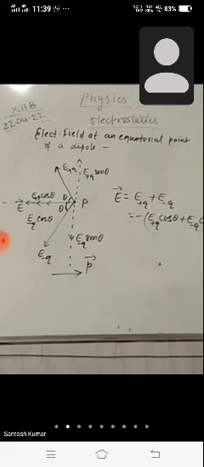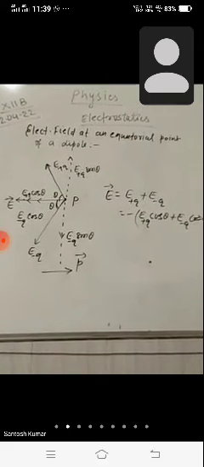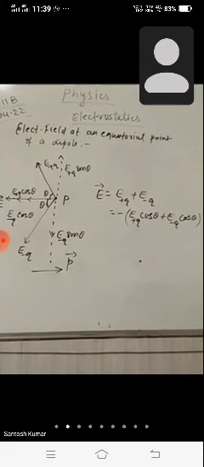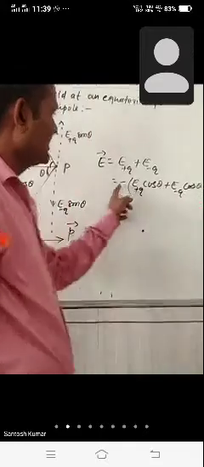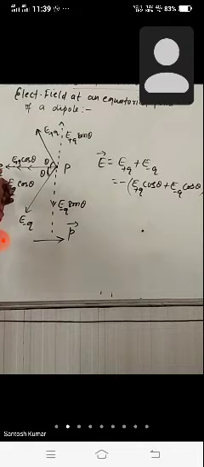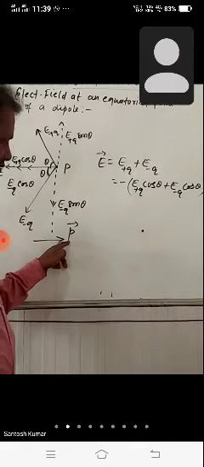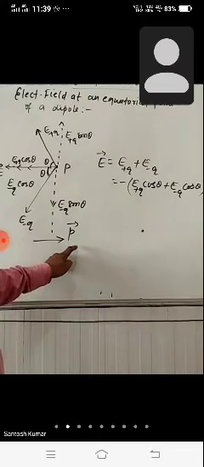Just see. This is the total value that has been simply added up. Clear na? Let's see. So these negative signs show that these are in the direction of the electric field which is opposite to the electric dipole moment.